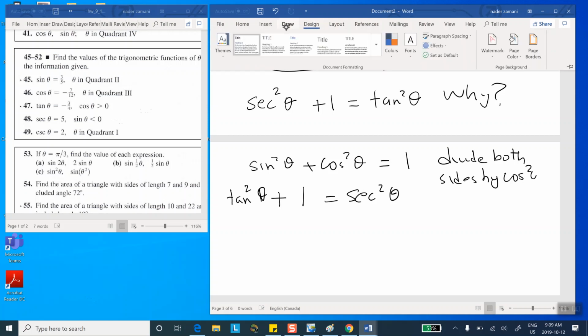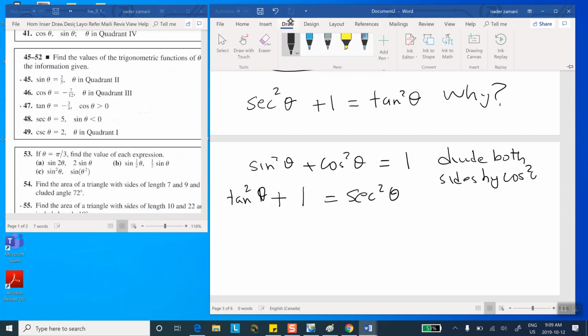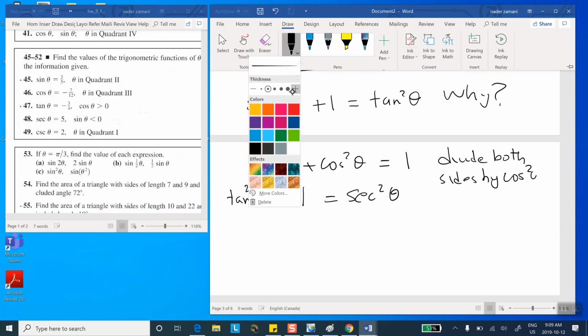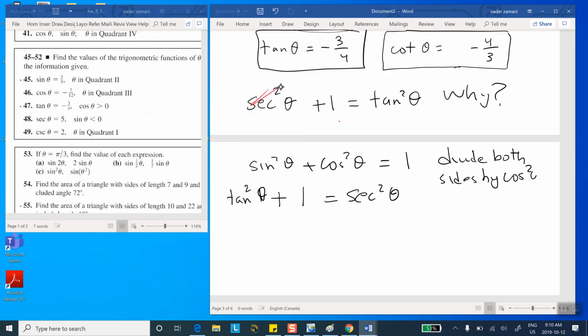This is why some of these I don't always memorize. So let me go ahead and clean this up. Bad mistake here. Tangent squared plus 1 equals secant squared. Okay, very good.